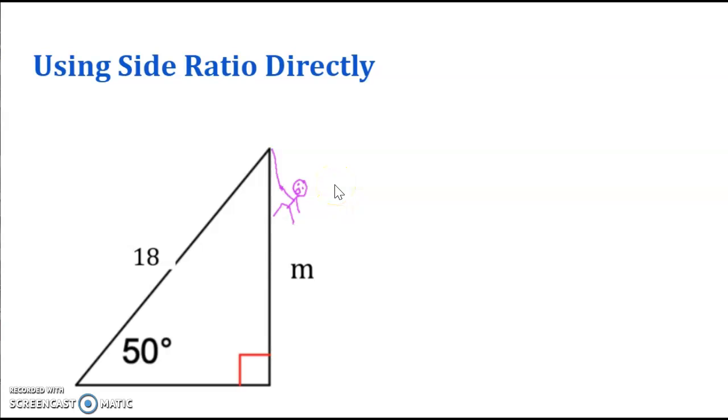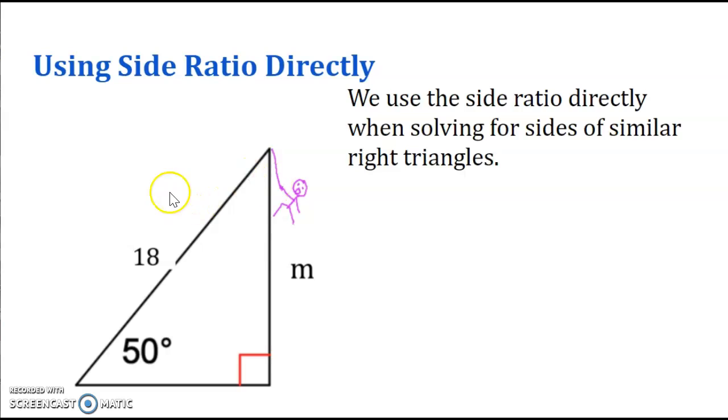So using the side ratio directly, instead of going back to the triangle, we can just figure out the ratio of the longer leg to the hypotenuse is 0.766. So we use the side ratio directly when solving for the sides of similar right triangles.